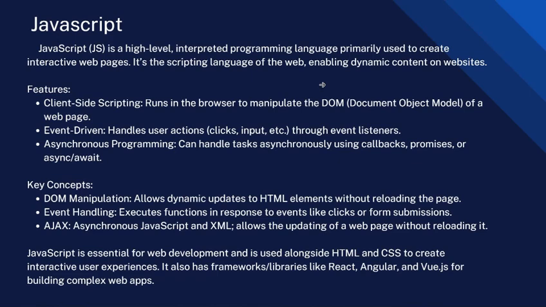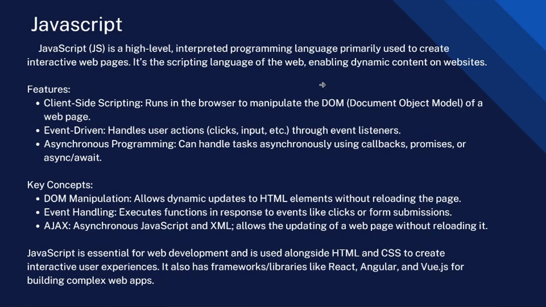Next is JavaScript. JavaScript is a high-level interpreted programming language which is primarily used to create interactive web pages. It is a scripting language of the web which enables dynamic content on websites. Now, what are the features of JavaScript?